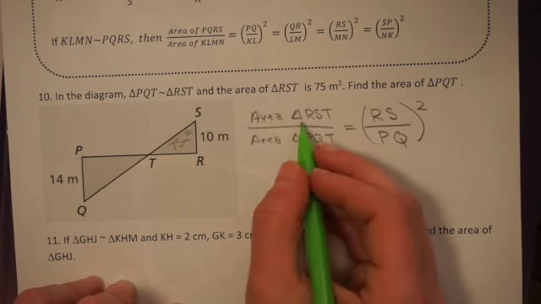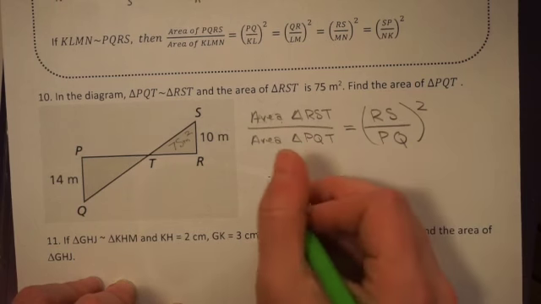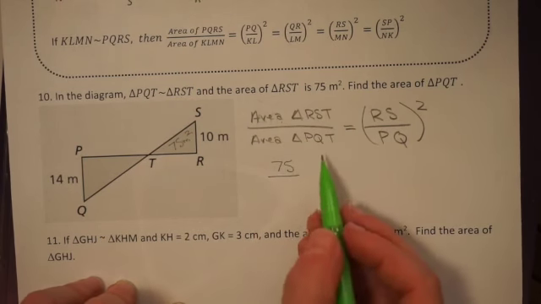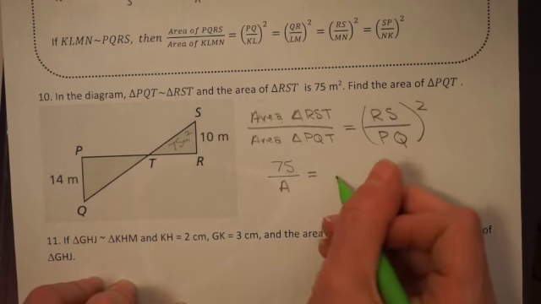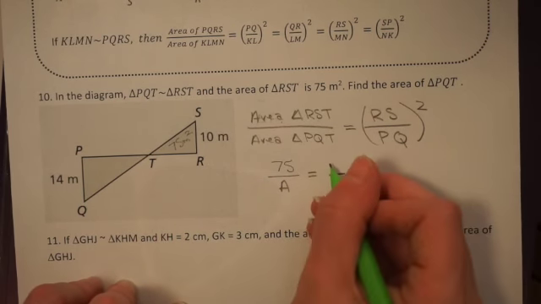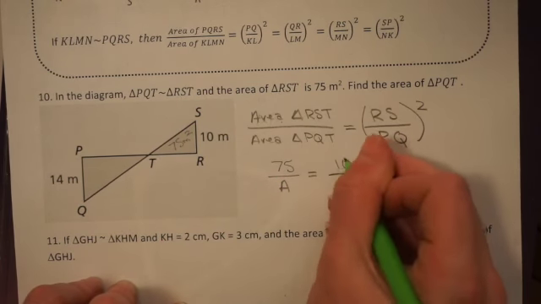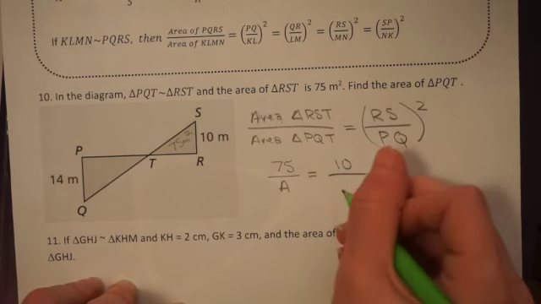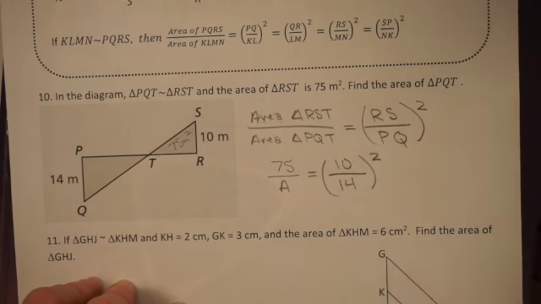The area for triangle RST is 75, and we don't know the area for PQT, but I'm just going to leave it simple and put A. Now RS is 10, and PQ is 14, so I'm going to square that whole thing.